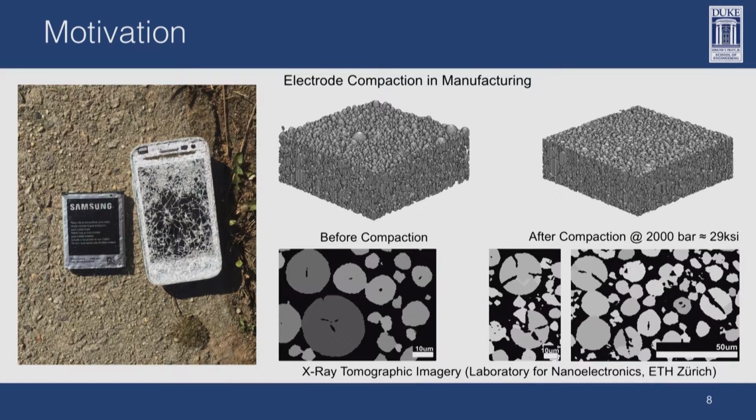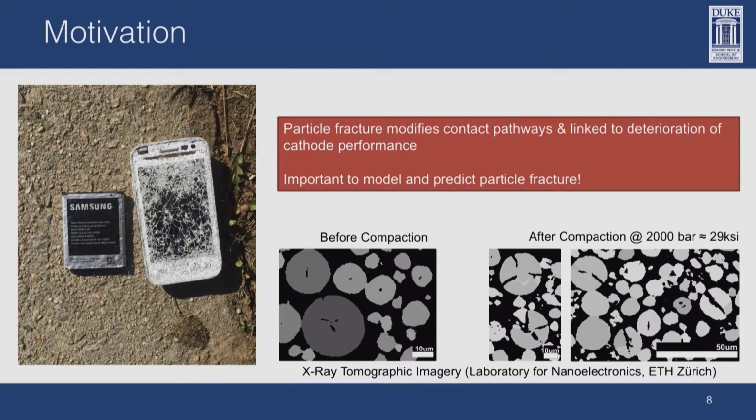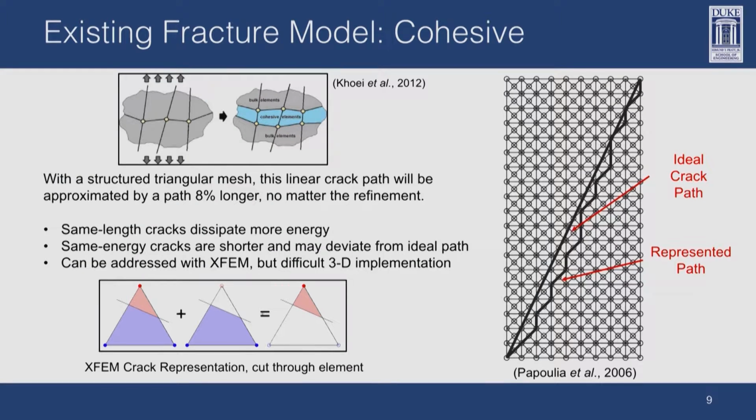And so going back to this image here, really looking again in the next step at being able to model the fracture of these active material particles, because it is a weakness of these spherical-based DEM models. And so looking at fracture models, one of the most commonly accepted fracture models right now in the world of finite elements is the cohesive element approach.